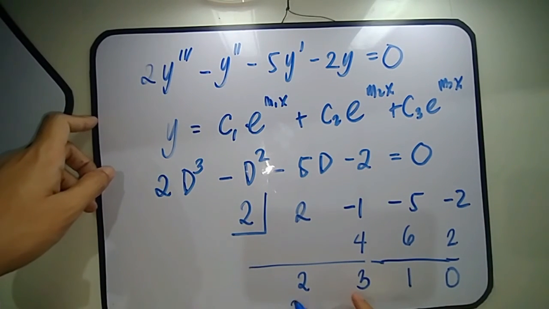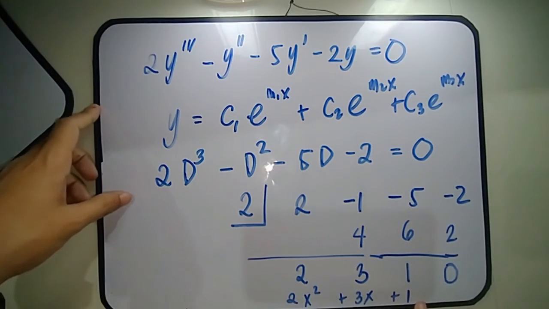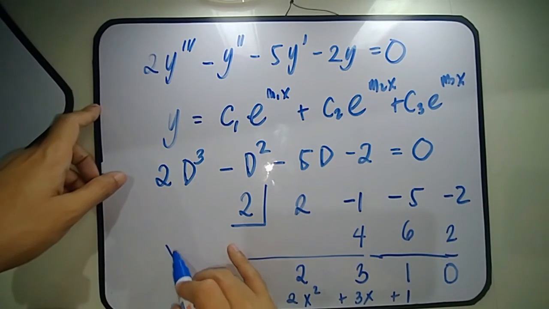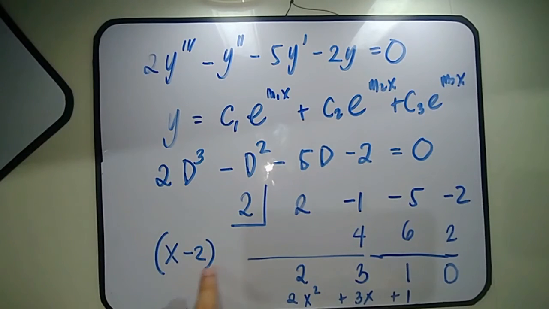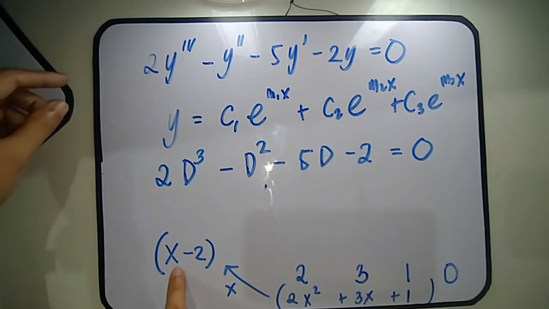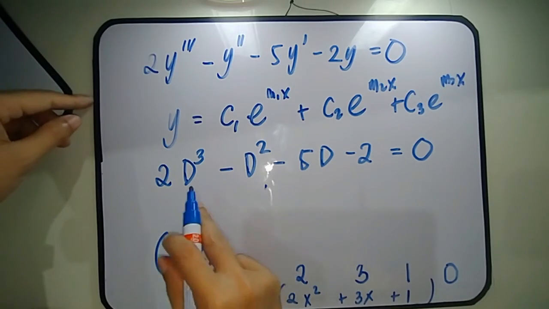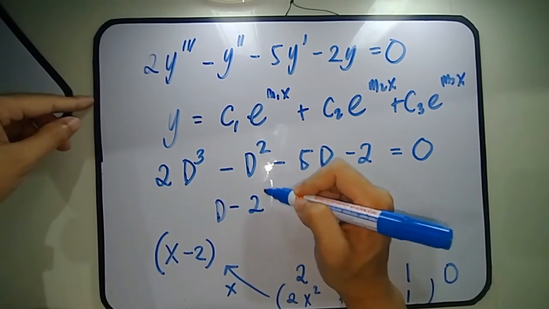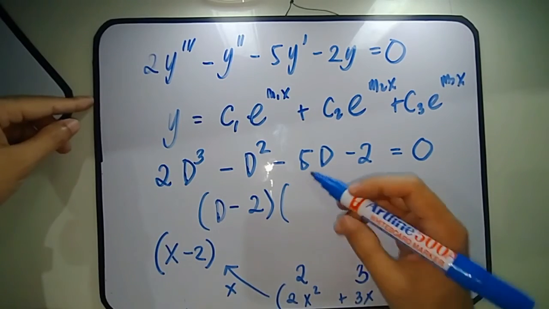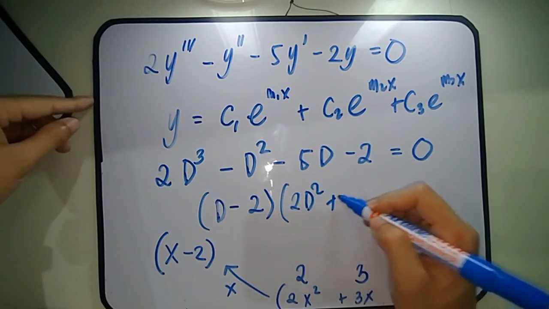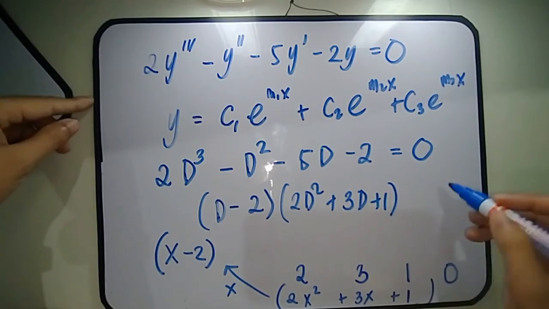So this is 2x squared plus 3x plus 1 times x minus 2. So transposing, positive 2. Therefore, the factor, the x natin here is yung d lang naman, guys. So pinalitan ko lang yung variable niya. So here, we have d minus 2. So using this synthetic division, you have here 2d squared plus 3d plus 1 equals 0.